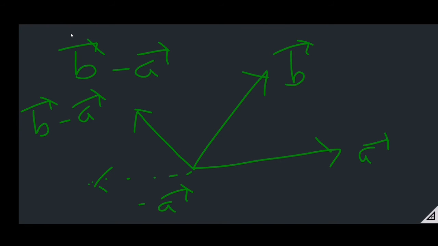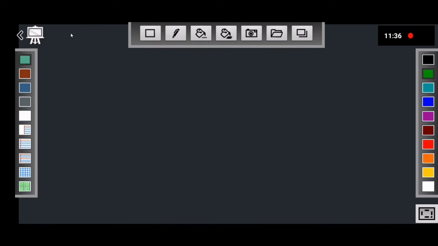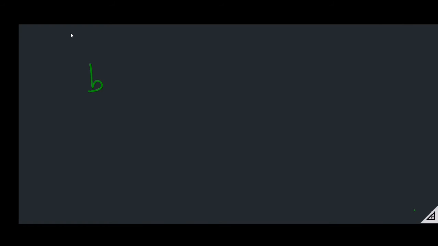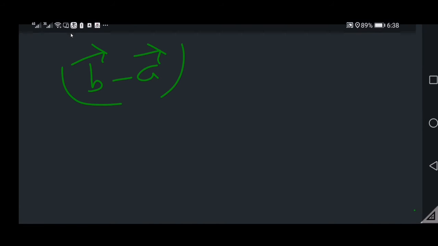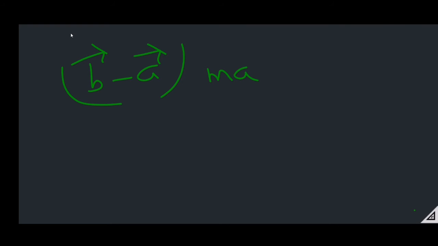And suppose this b vector minus a vector makes angle alpha with b vector, as I have shown you in the figure.